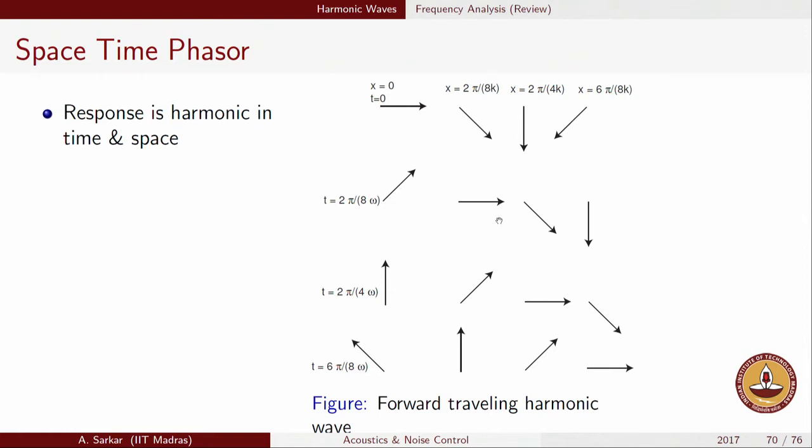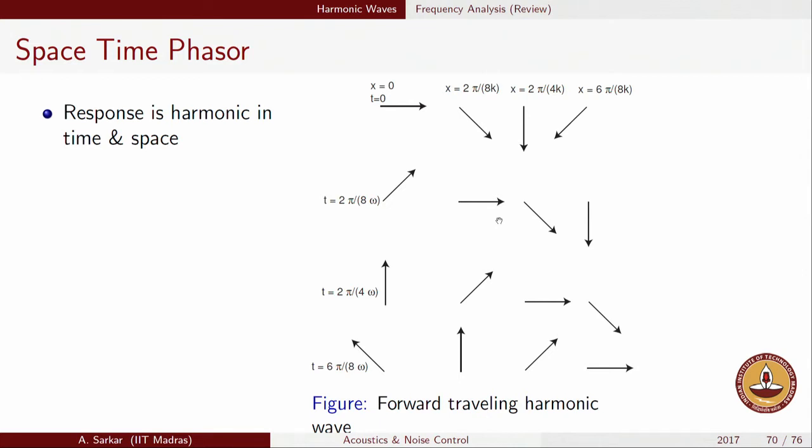This is a phasor plot as opposed to a graphical plot. We already know that any point in space will have only harmonic dependence with time, and that harmonic dependence is of the form e to the power i omega t. Therefore, it can be represented as a rotating vector, the rotational speed of that vector being exactly omega, the angular speed.